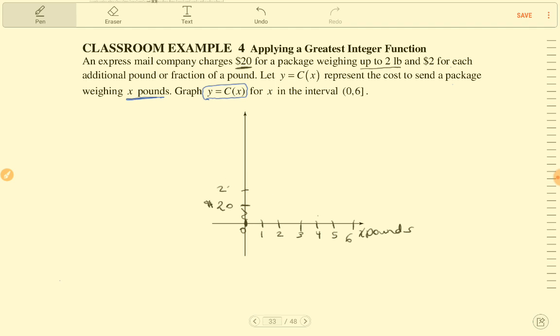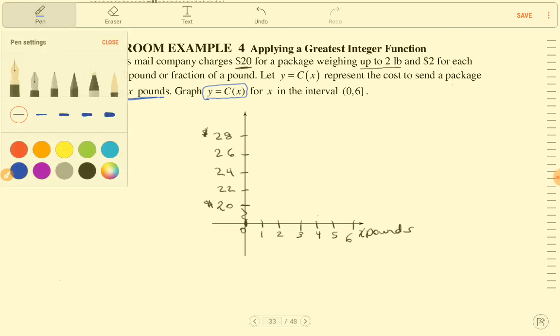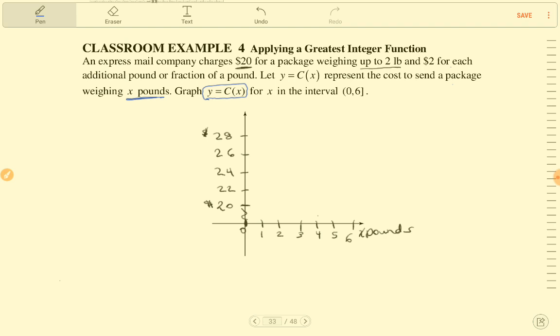I'm going to go up to $22 as soon as we get above 2 pounds and all the way up to 3. Then 24, then 26, jump of $2, and 28. So those are the increments of price increases, and then we will start to graph the cost here.